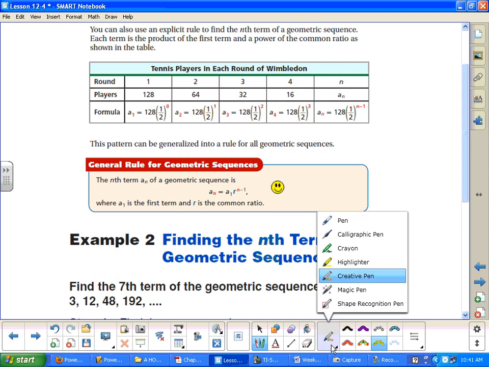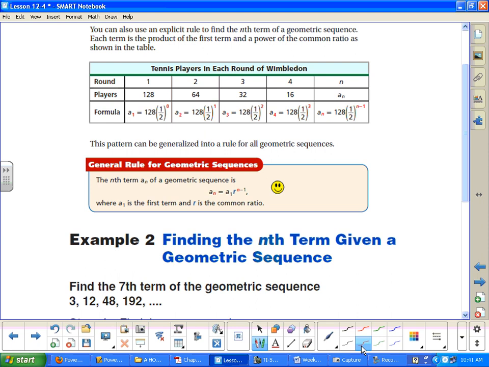If you remember when we did exponential functions, our equation was y equals a times b raised to the power of x, where a was our initial value and b was our common ratio, or how much it increased or decreased by each time. So this is exactly like our exponential equations we used to use. So a sub 1 is still our first term, and r is our common ratio.